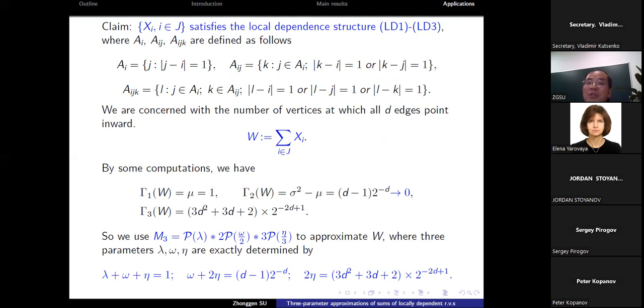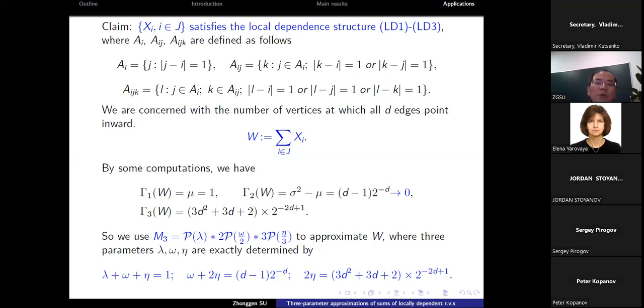For this specific example, we are concerned with the number of vertices at which all the edges point inward. That is W. So W is the sum of xi over i in the vertex set G.